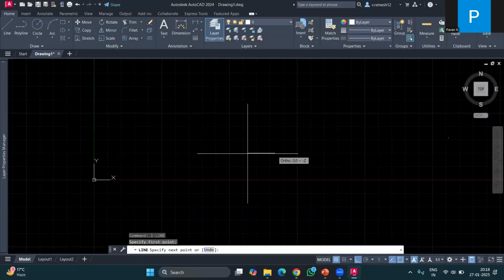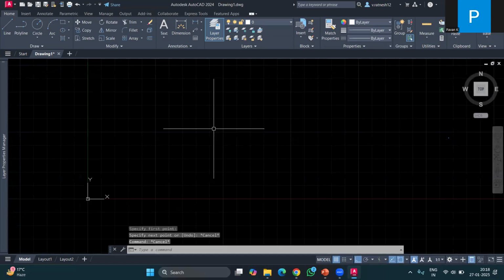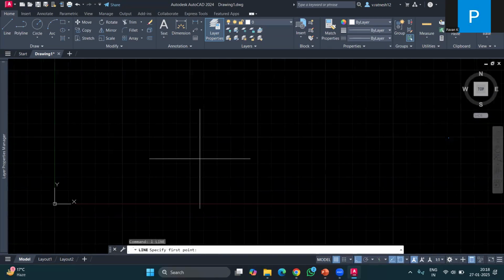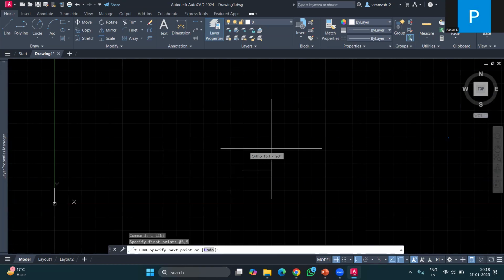Let's say you want to create a line, I enter, and if you want to give a point like 5 comma 5, you have to use at the rate 5 comma 5. See in the command bar, what I'm giving is reflected. Enter.